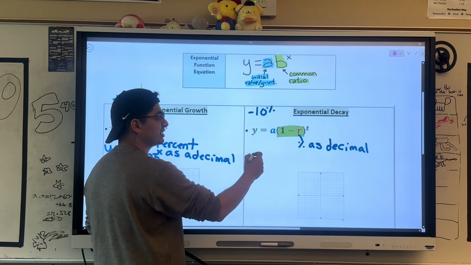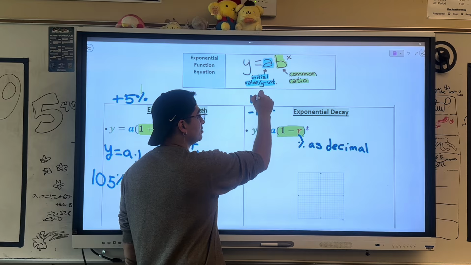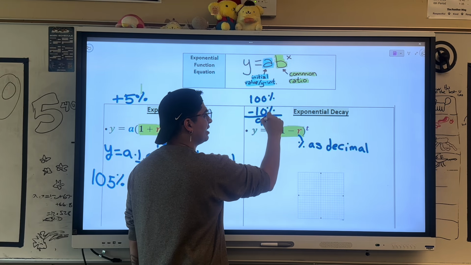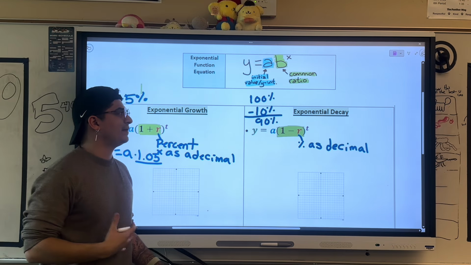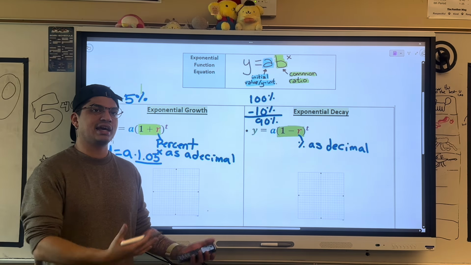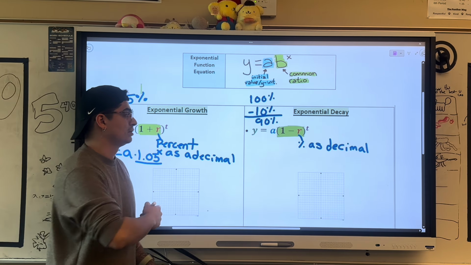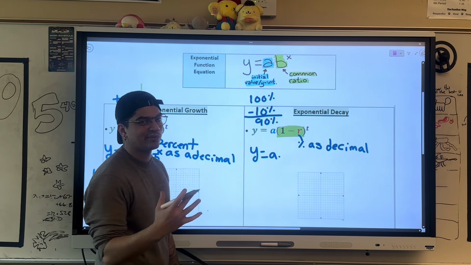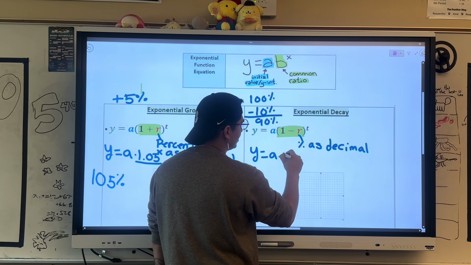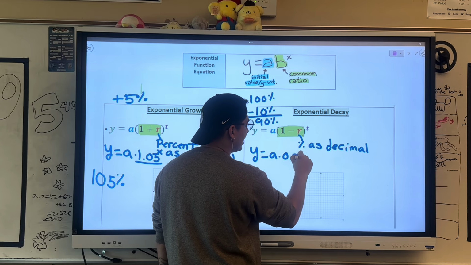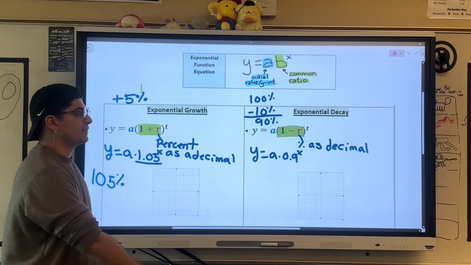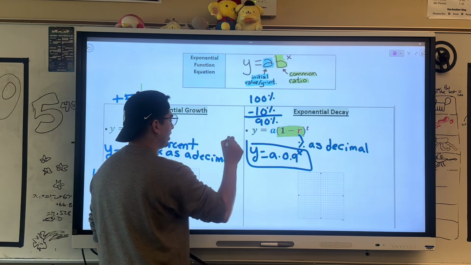In this case, it would be 100% minus 10%. That means I'm at a rate of 90%, 90% of my original value. So my equation here would be y is equal to a, whatever my starting amount is, times 0.9, because 0.9 is 90% as a decimal.